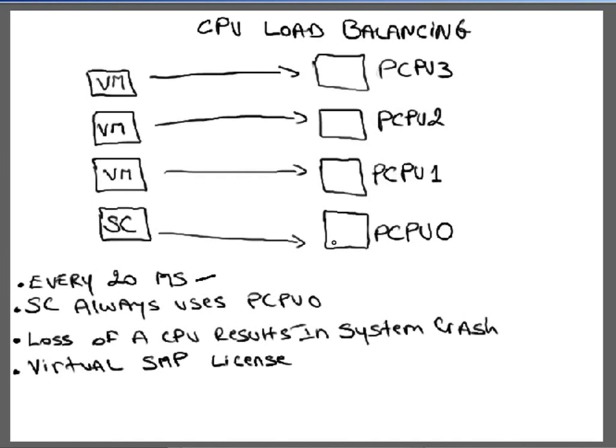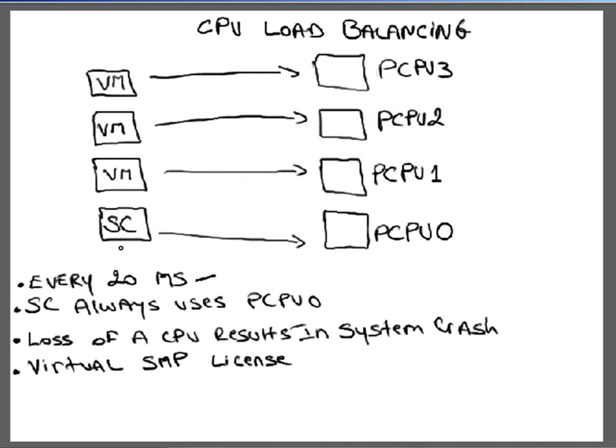So every 20 milliseconds, it's going to take kind of like an inventory of the physical CPUs, see which one is being choked or which one is being crunched, and it's going to move virtual CPUs off of that and assign them to other physical CPUs in order to relax the load on a particular physical CPU.